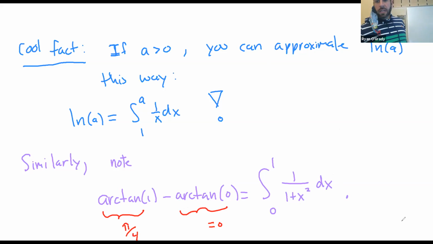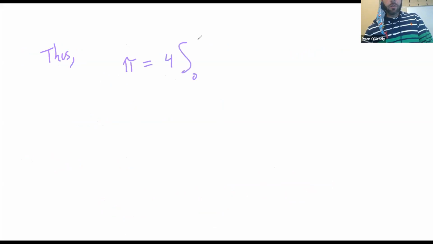Now, this gives us an integral representation of pi, which means even if you don't know what the number pi is, the only reason you know is because you've been told your whole life it's 3.14 something, or you could plug it into a calculator. There's no reason that you should trust that other than all the people in your life say it. But now you can verify it. Because this means that pi is equal to 4 times this integral.